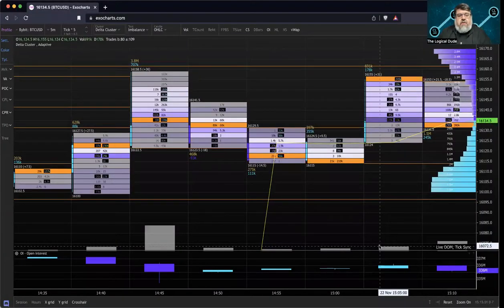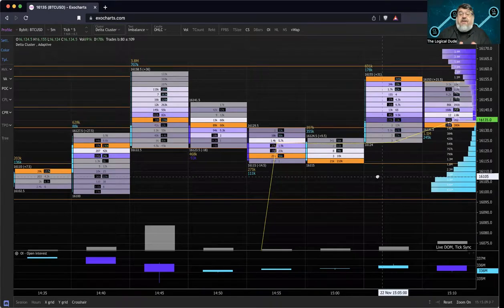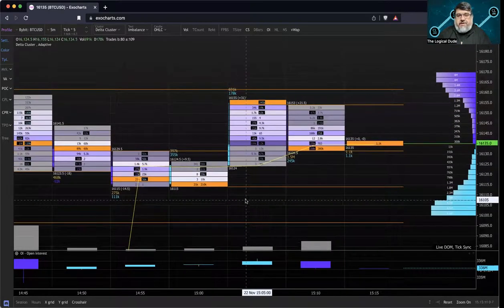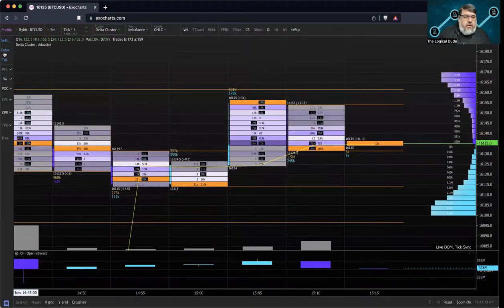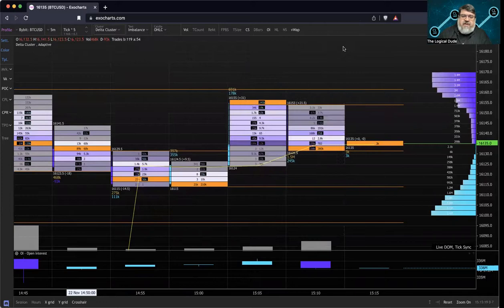All right. So taking a look here at Exocharts. This screen right here is a very heavily customized version, I am going to tell you right now. You can do all this kind of customizing over here, on the settings. You can change all the colors and everything.